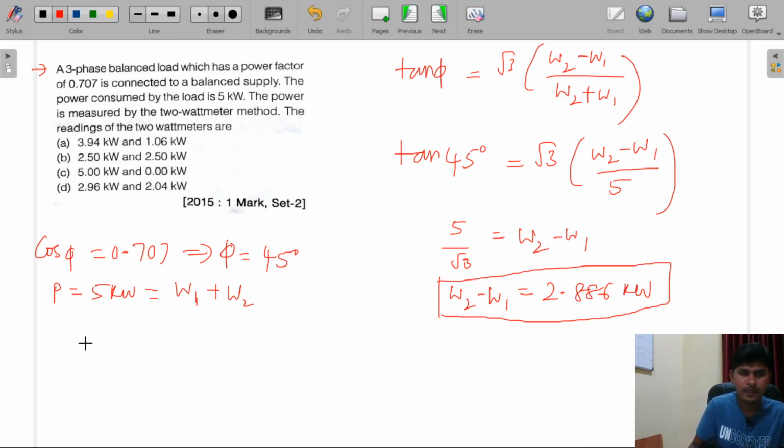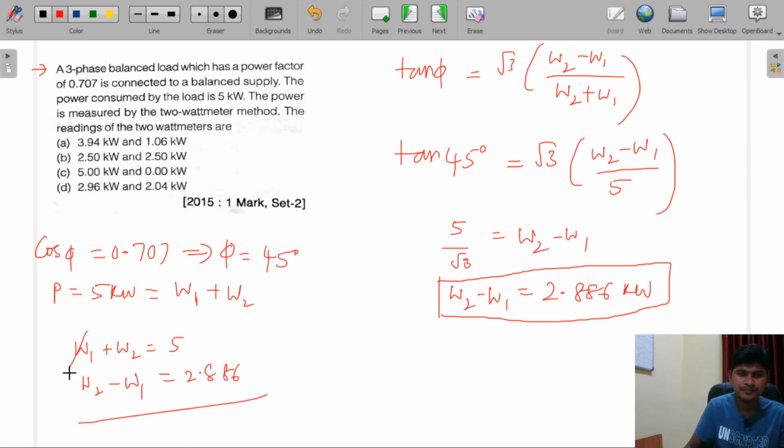Now we know W1 plus W2 is equal to 5 kilowatts and W2 minus W1 is equal to 2.886.